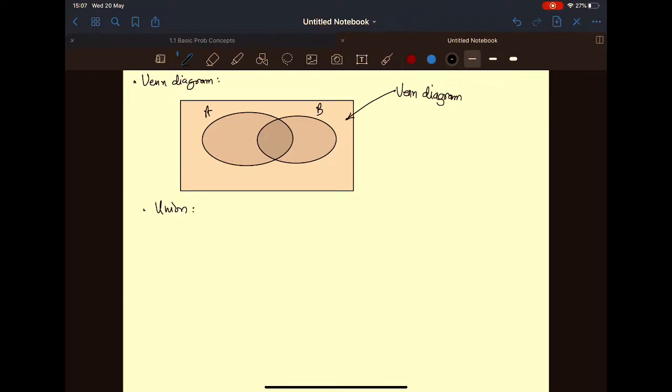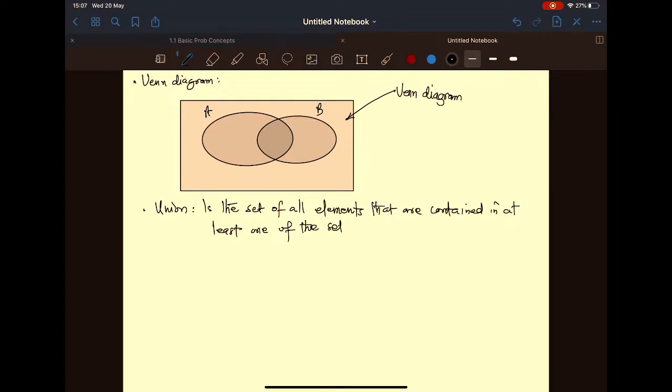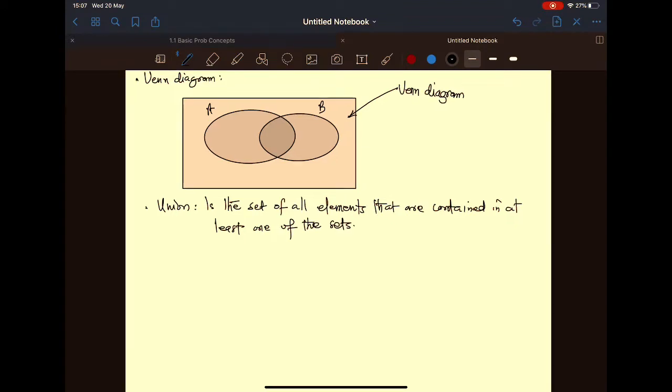Right, the union of a set is the set of all elements that are contained in at least one of the sets, right? So we consider two sets.